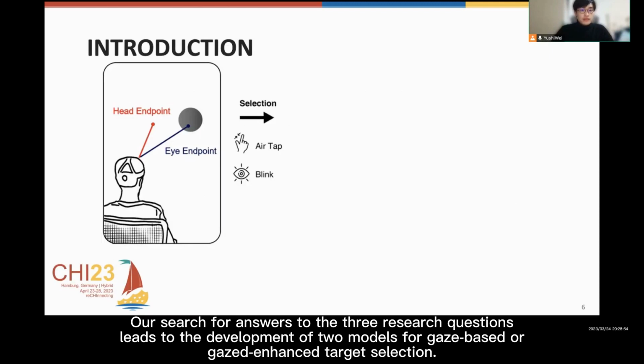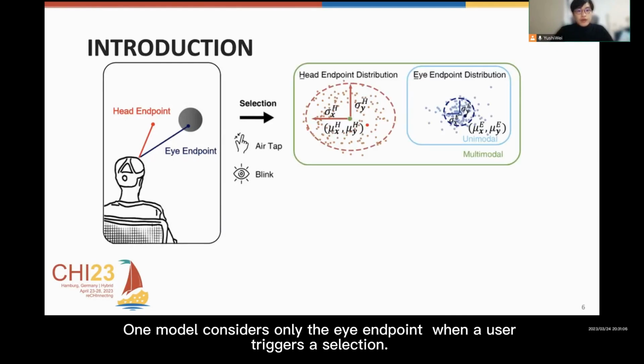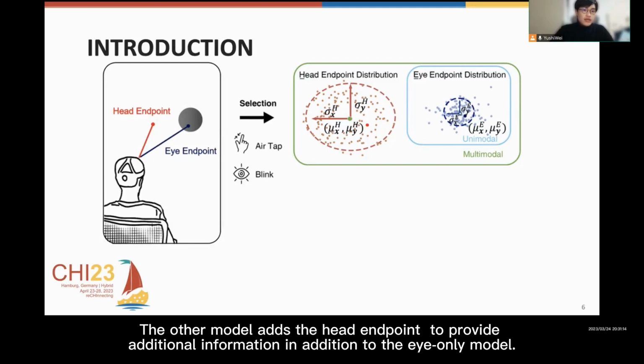Our search for answers to the three research questions led to the development of two models for gaze-based or gaze-enhanced target selection. One model considers only the eye endpoint when a user triggers a selection. The other model adds the head endpoint to provide additional information in addition to the eye-only model.